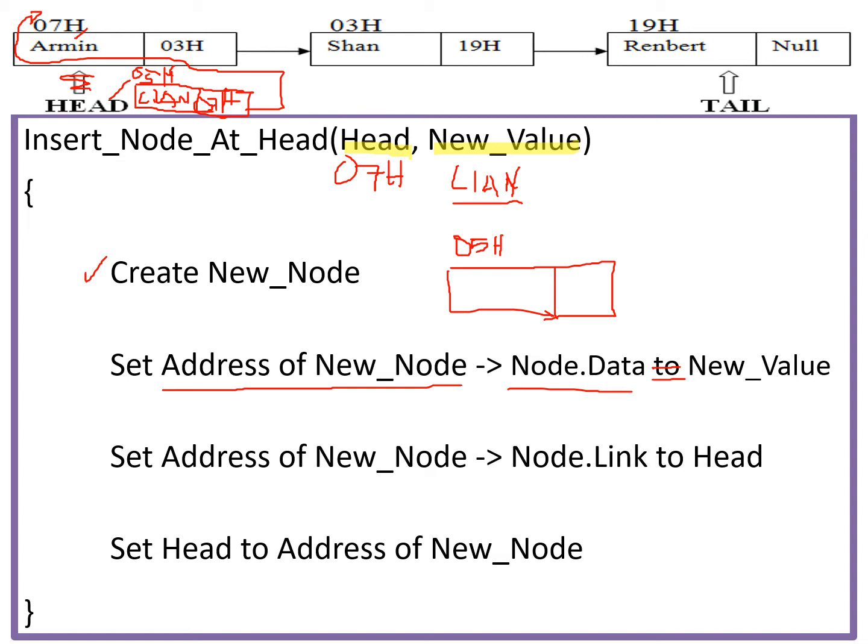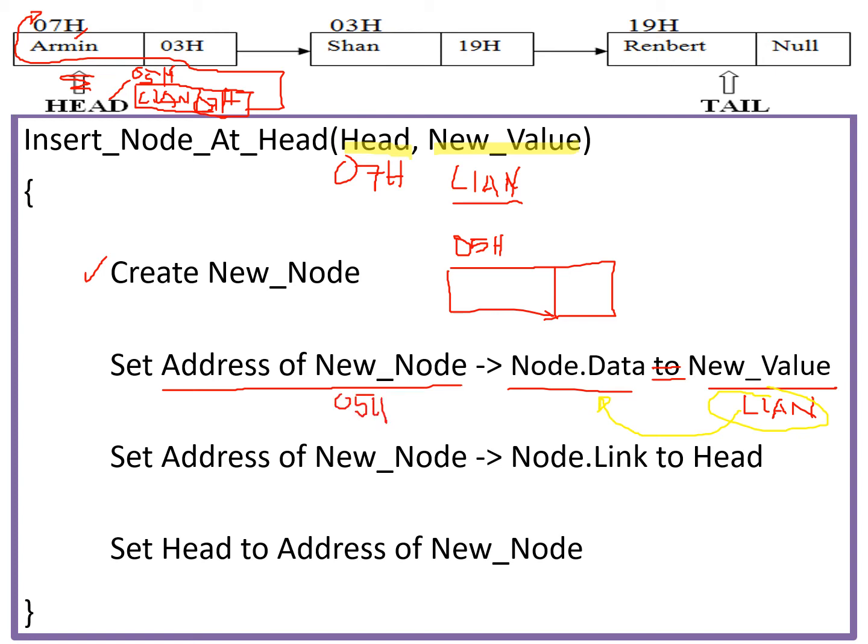Again, yung ginawa natin kanina, we assign Lian. New value is Lian. Lian will be assigned to node.data of the address of the new node. Again, address of new node is 05H.